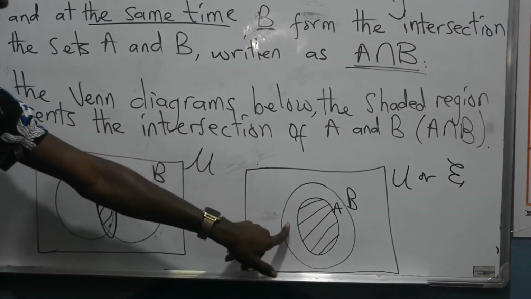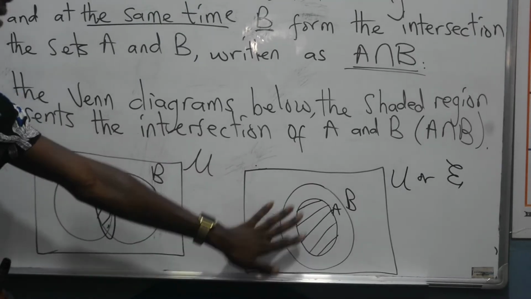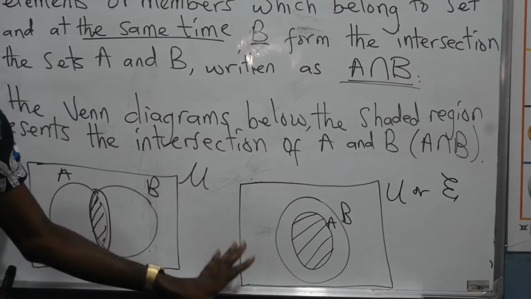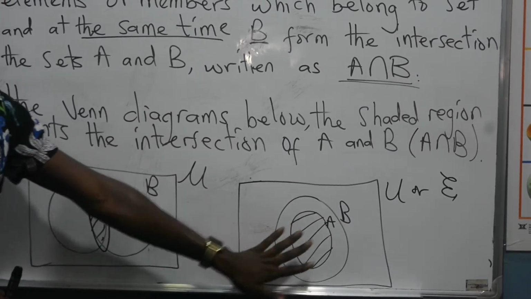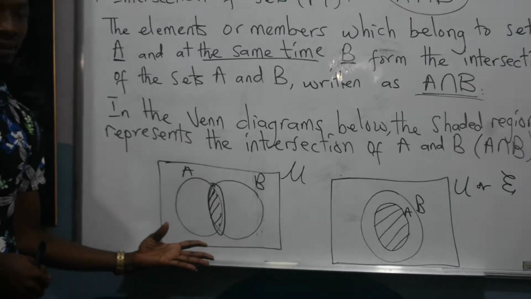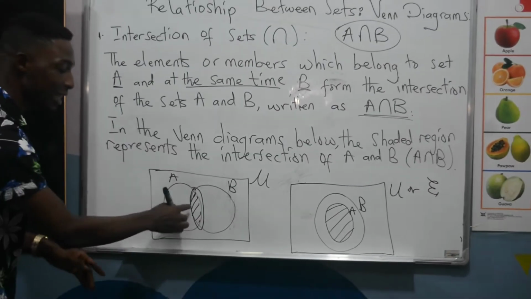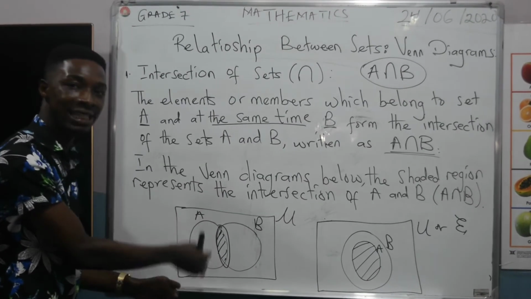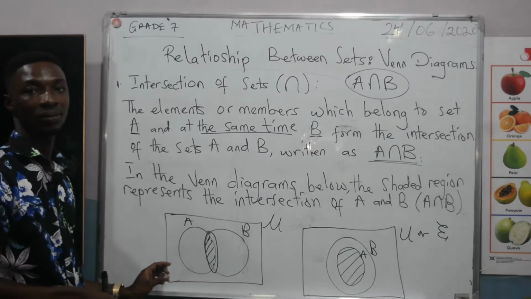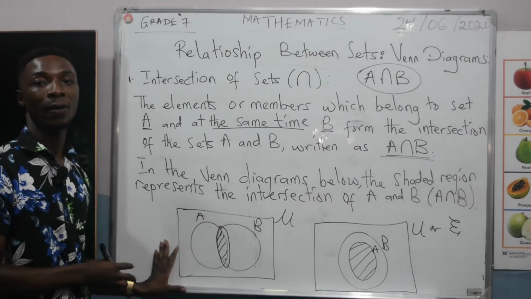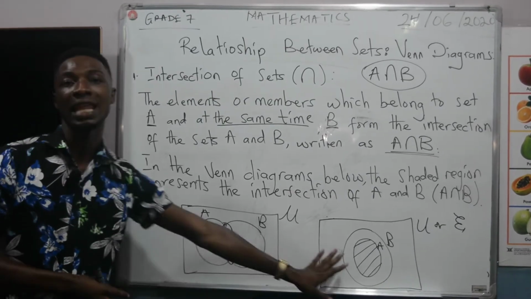I will draw A inside B because all the elements of A can also be found in B. But in situations where only some elements of A can be found in B, then this is how my Venn diagram is going to be. Then this region where I have shaded is going to contain the elements that belong to A and at the same time B. So this is how we represent intersection of sets with Venn diagram, either this or that.